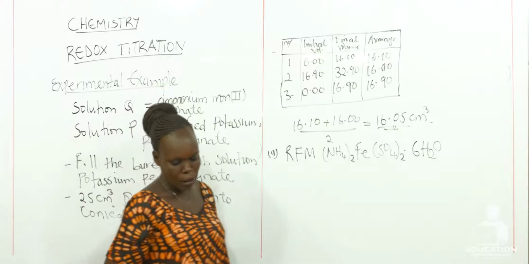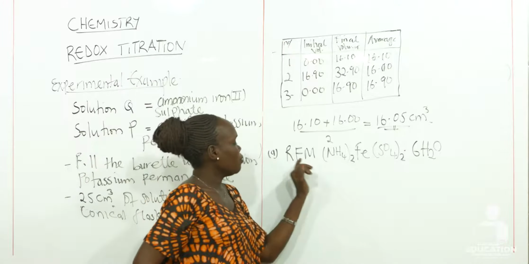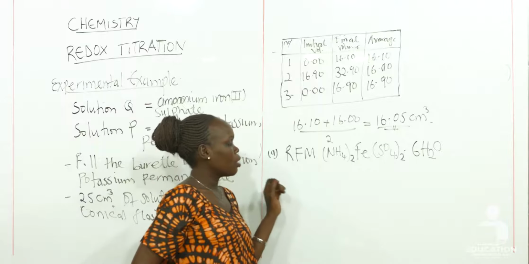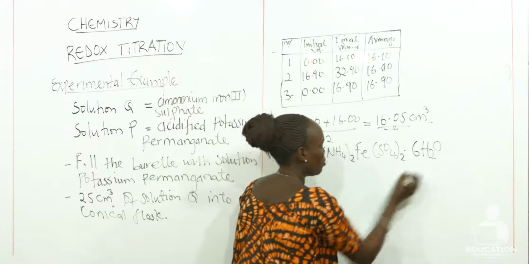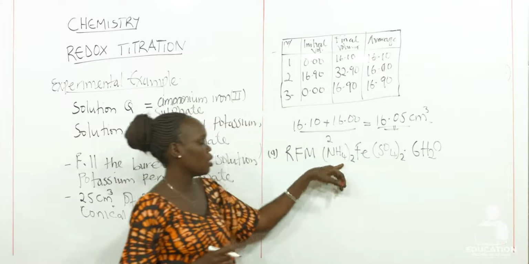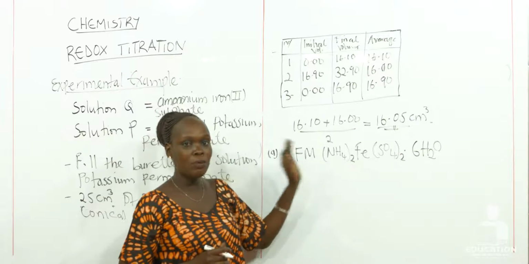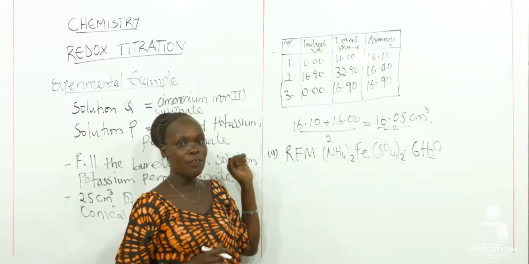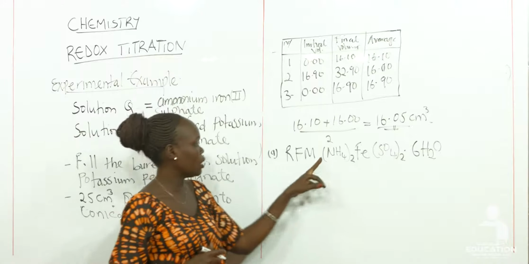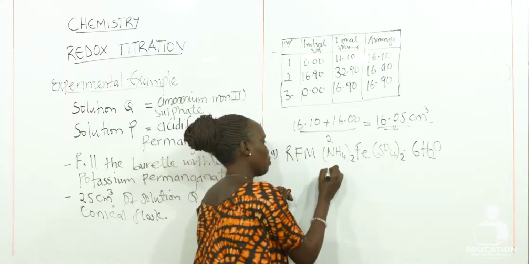So what will be the relative formula mass for this chemical formula? We have to add the mass number of each atom here. So at the end, when we sum them up, we shall have the relative formula mass. We know that nitrogen is 14.